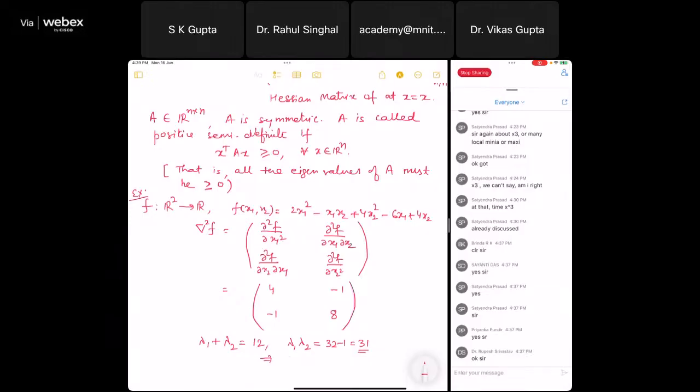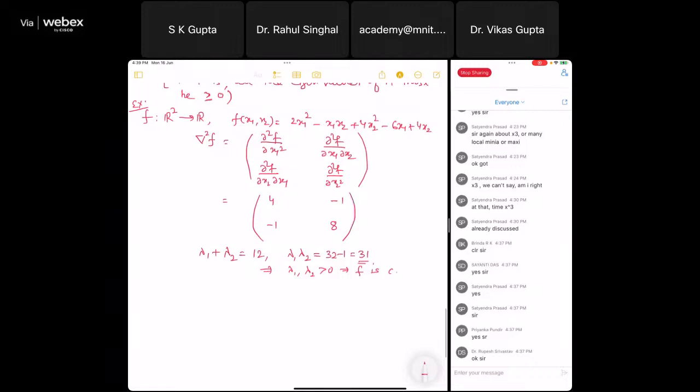So lambda 1 and lambda 2 both are greater than 0, and this implies f is convex. Because lambda positive means the Hessian matrix is positive semi-definite, and that means the function is convex. Clear?